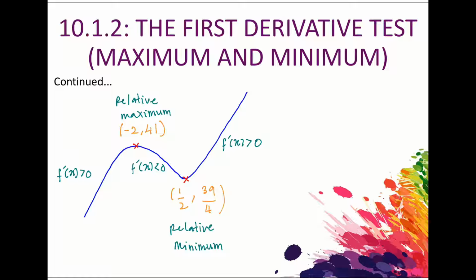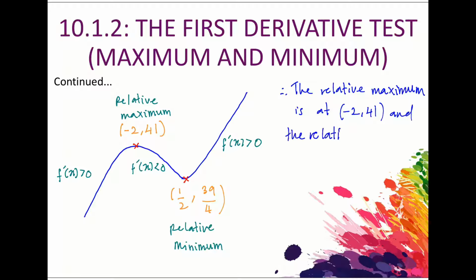So in conclusion, we can say that therefore the relative maximum is at (-2, 41) and the relative minimum is at (1/2, 39/4). So that's all for example 3.